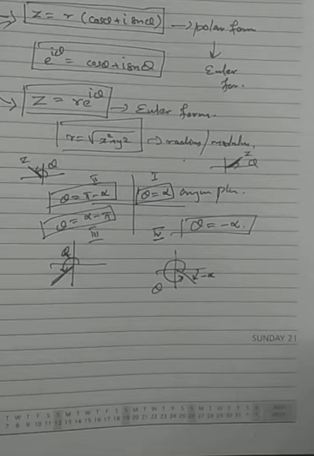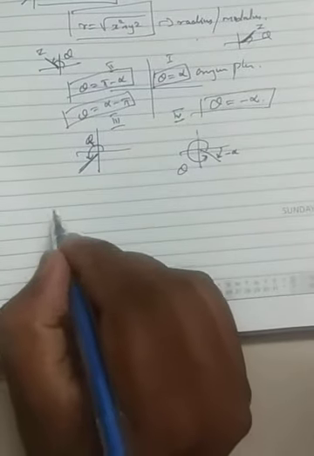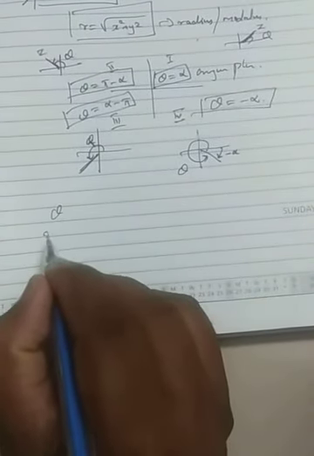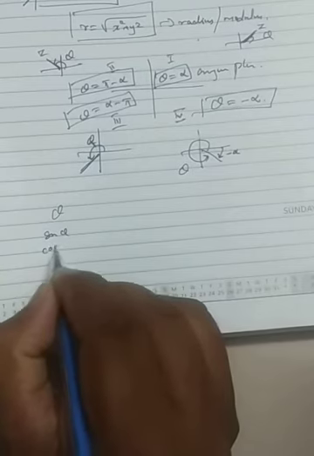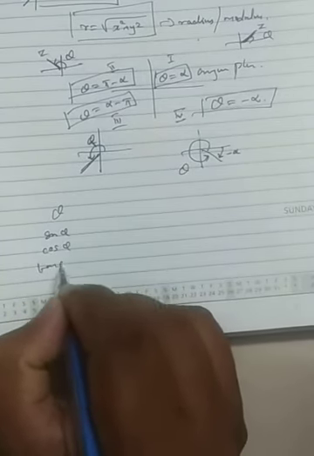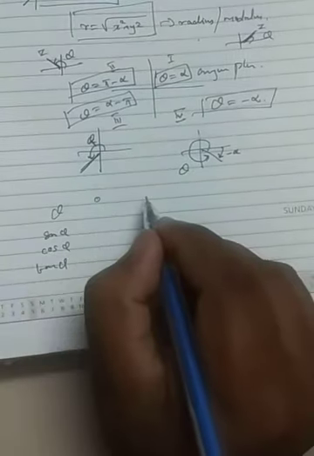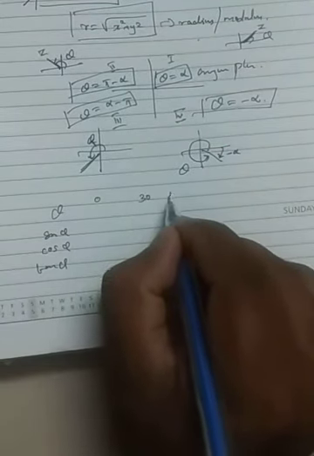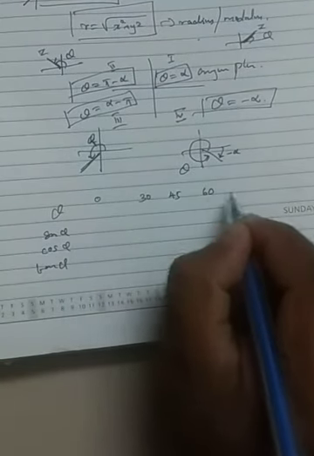One more thing we need to clear up here. We have to know the table. Here sin theta, cos theta, and tan theta, for 0 degree, 30 degree, 45 degree, 60 degree, and 90 degree.